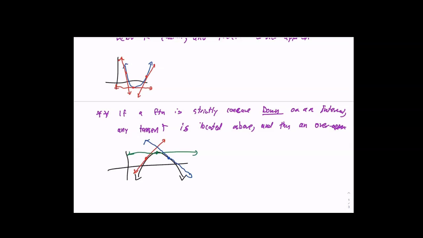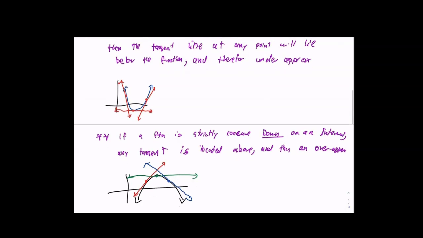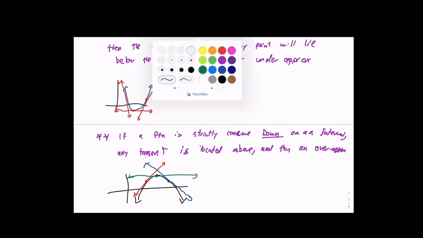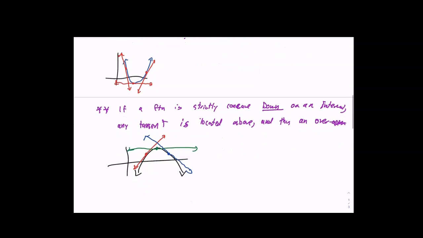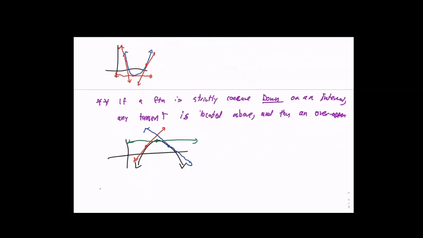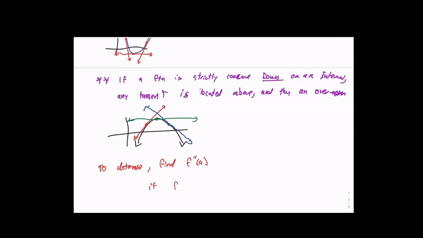Now, how are you going to find that? Well, the biggest thing, and this is in regards to your homework, to determine, find f double prime of A. If f double prime of A is greater than 0, concave up, tangent is below.